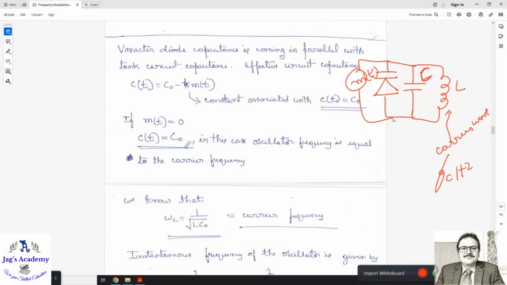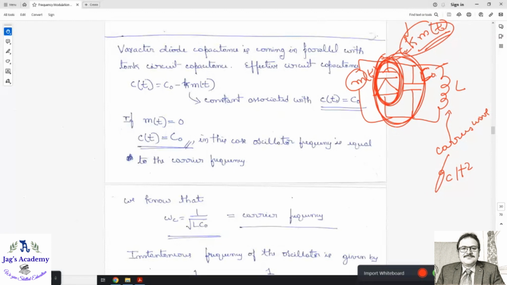So this is also going to produce a capacitance which is equal to K into M of t. That means the capacitance of this is going to be proportional to M of t. We will put one proportionality constant K and we will equate it. Now my effective capacitance C of t is equal to C naught minus K into M of t, because this is the reverse bias.